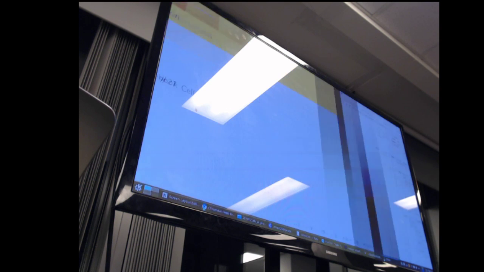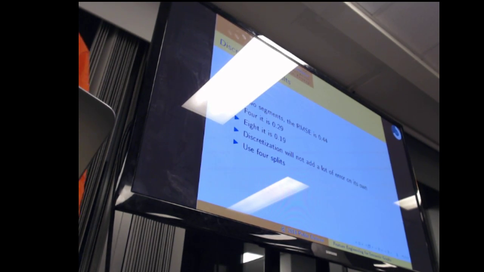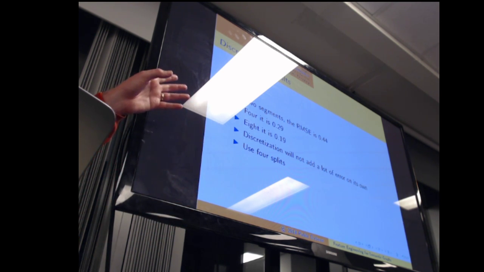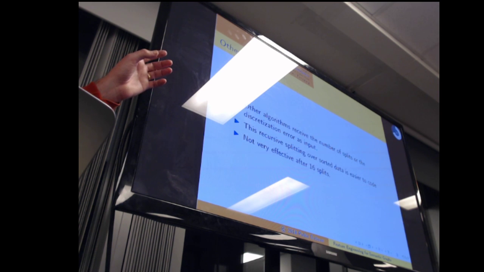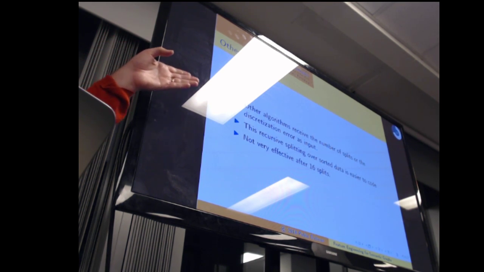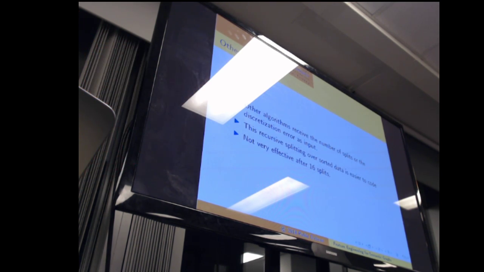Wouldn't it be the case the more you go, the lower the error? Sure, but then the more classes you have. So there are other algorithms for discretization that are much more interesting. They normally receive the number of splits as input or the discretization error as input.